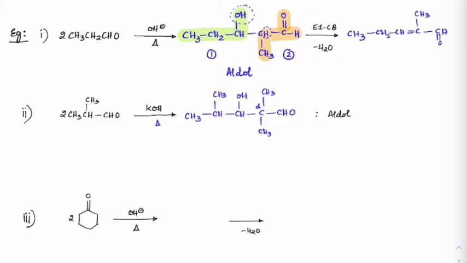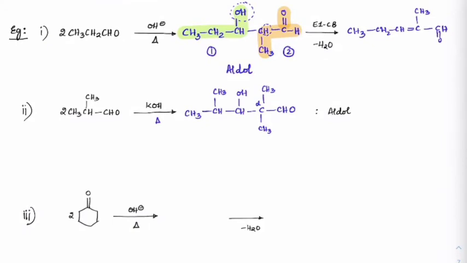So this reaction won't happen on this side. Even if heat is given, since there is no alpha hydrogen here, you will stop the reaction here itself. So aldol is the last product here. No condensation product due to absence of alpha hydrogen.